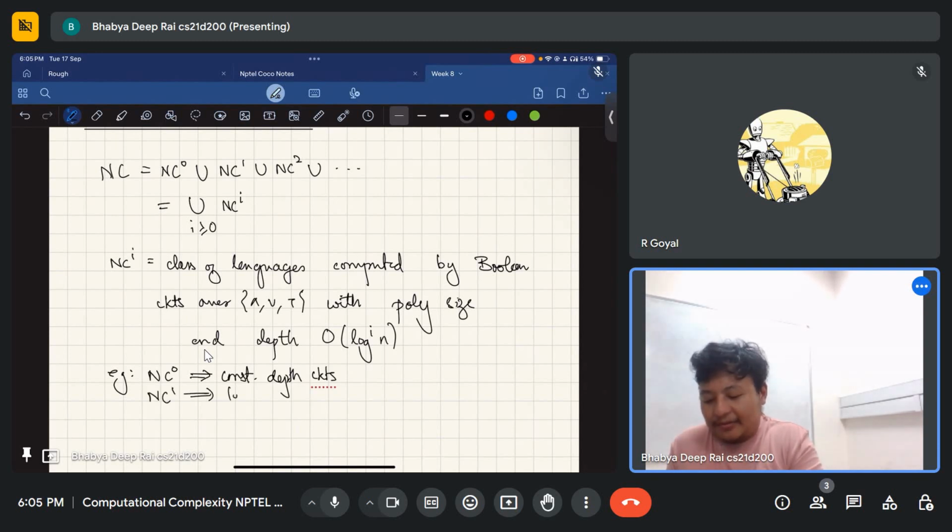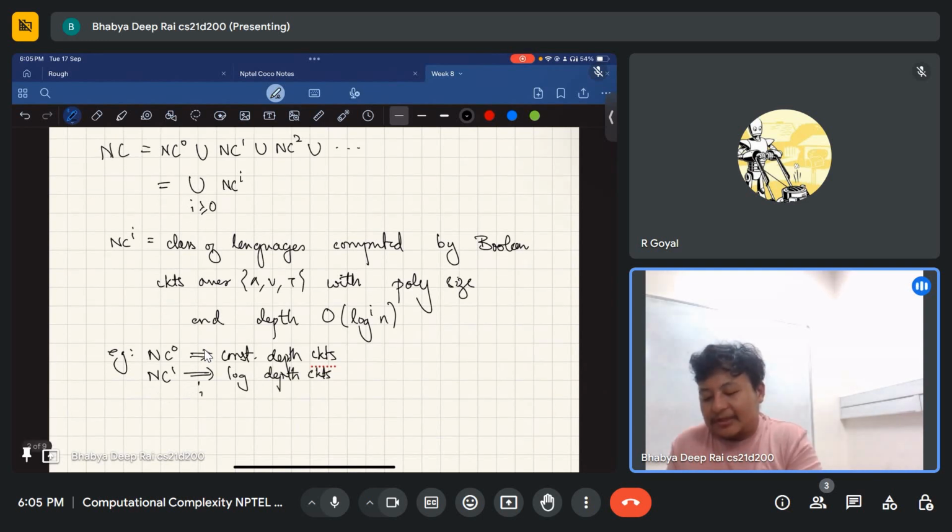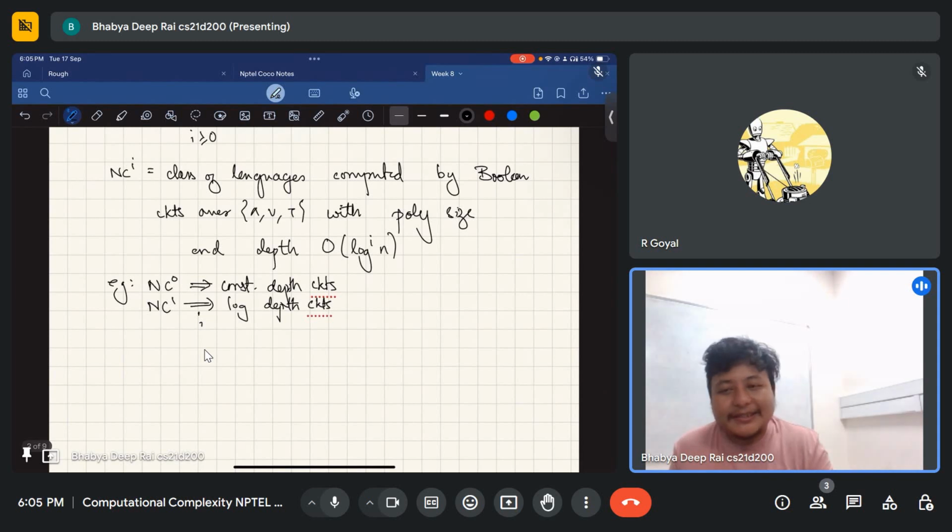NC1 means again log depth circuits, and so on and so forth.